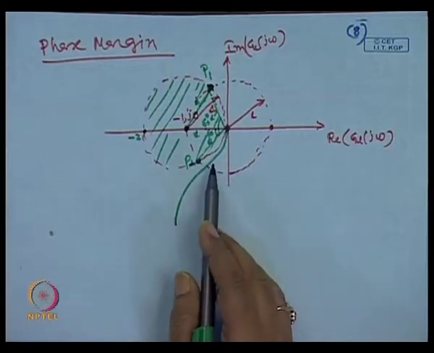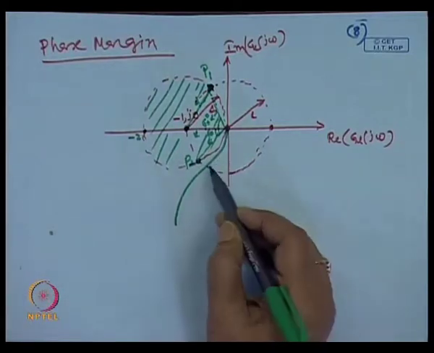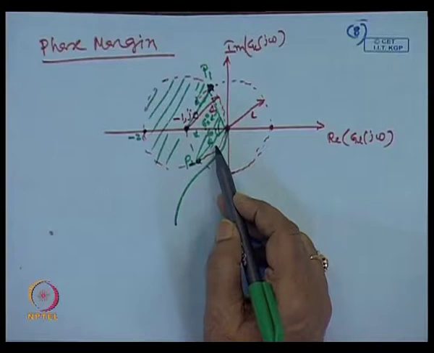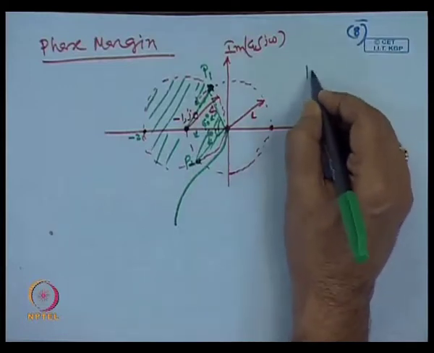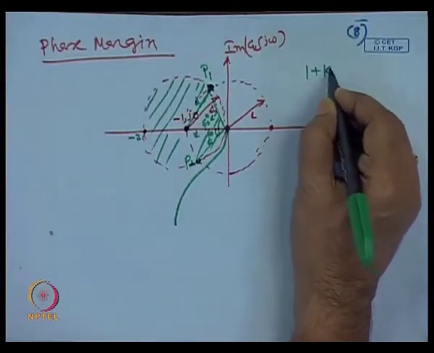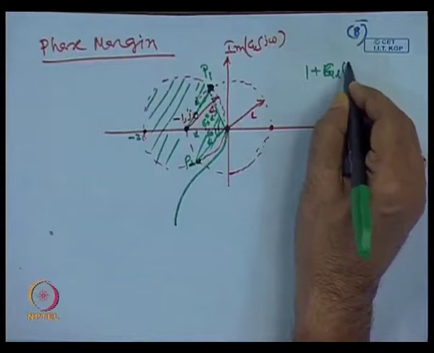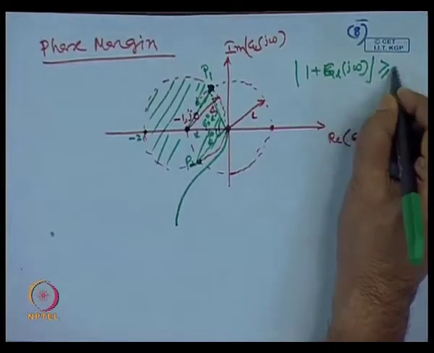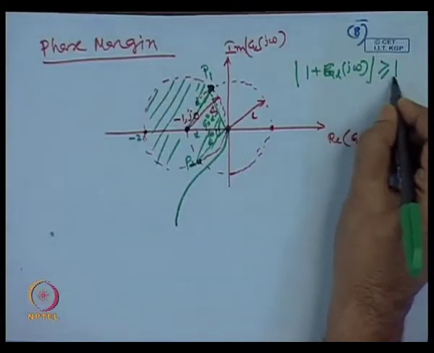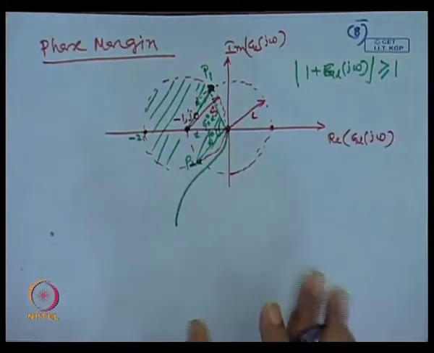One can come to the conclusion that since this curve will not enter the shaded region, it can only touch it, because magnitude of 1 plus g of j omega will be greater than or equal to 1; when equal to 1 it will touch. This is the condition.